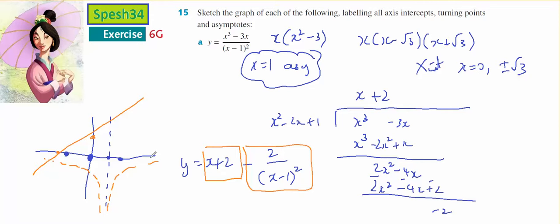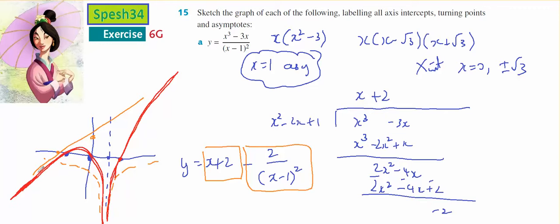So my curve is going to, I know it's going to cut through there, so it's going to approach that asymptote down there and approach that line of y equals x plus 2. And I'm going to have, this is going to approach negative, and negative plus a negative, so we're going to approach this here, and we're going to go up like that, down like that, and down in here. That's what my curve's going to be.